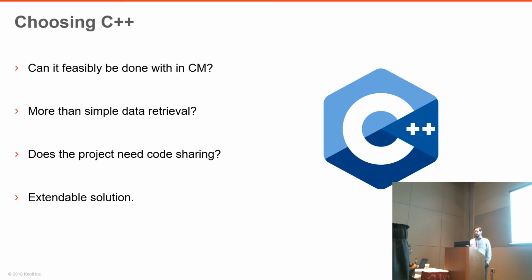C++ is truly extendable because once you have your API, once you have your interface, you can change that backend at any time. If you were using a local data store, just a CSV file, but your data grows and you need to access some MySQL, well, you can integrate MySQL into the C++ and access your data that way, and you haven't changed your API touching CM.